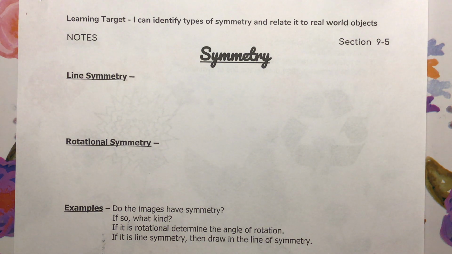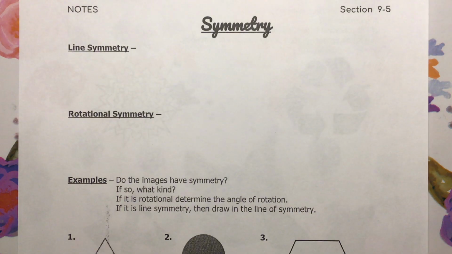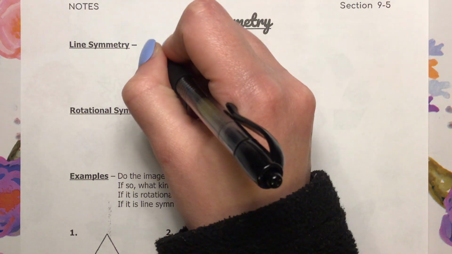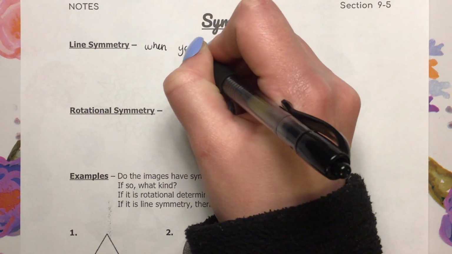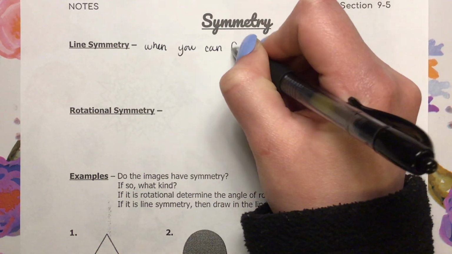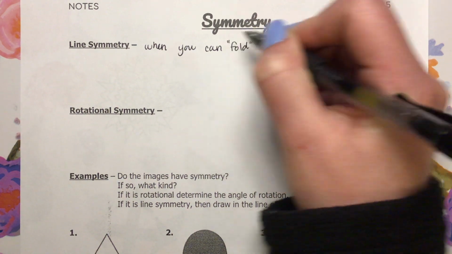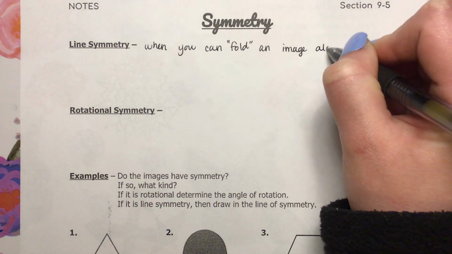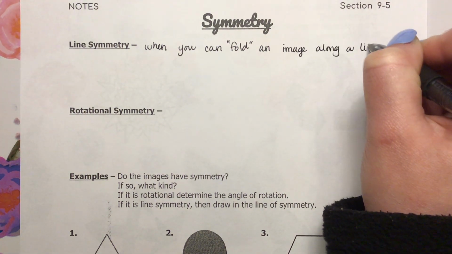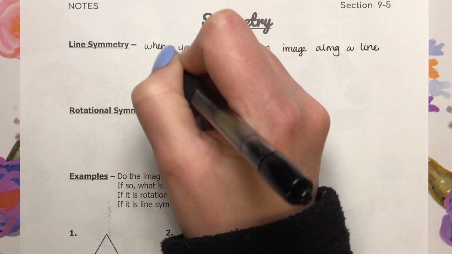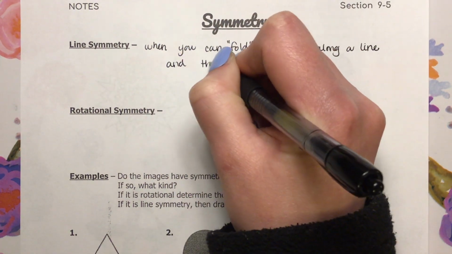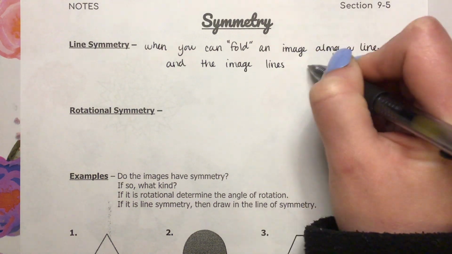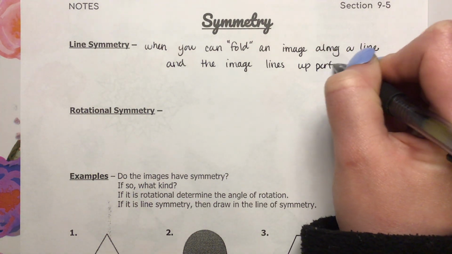And I'm just going to give you kind of a general definition of what these are. Line symmetry is when you can fold an image along a line and the image lines up perfectly.